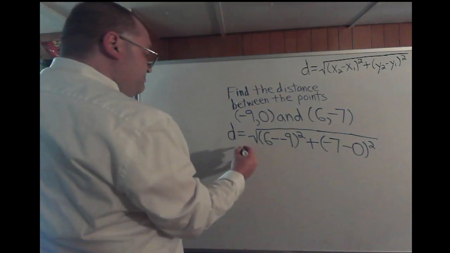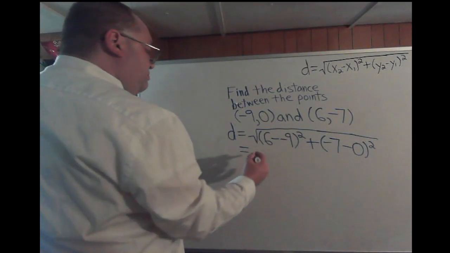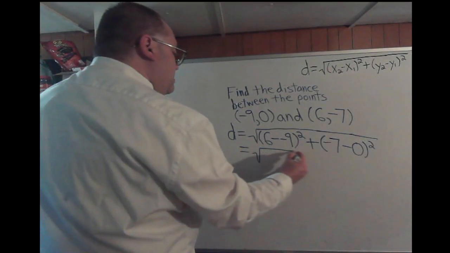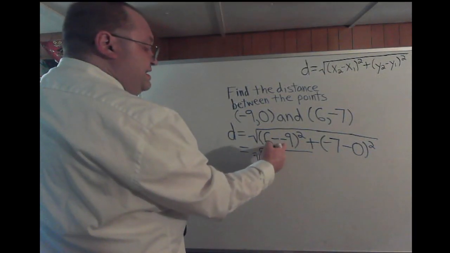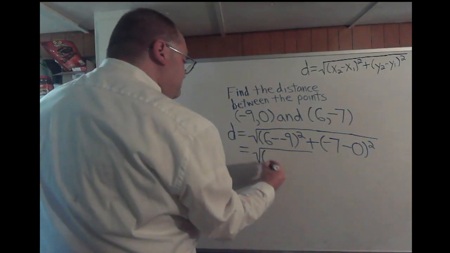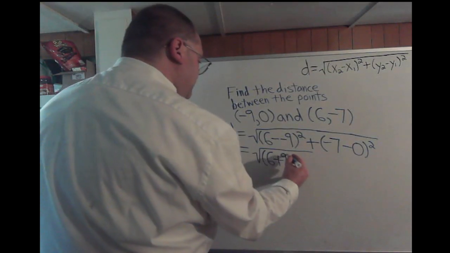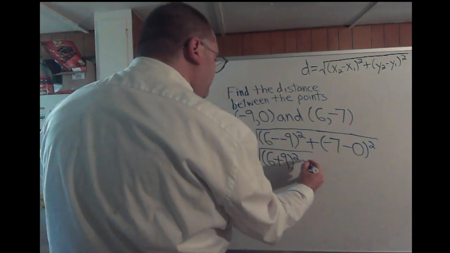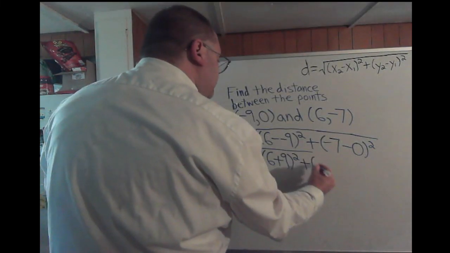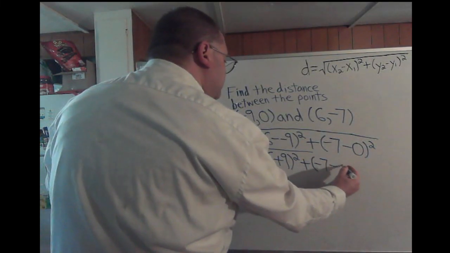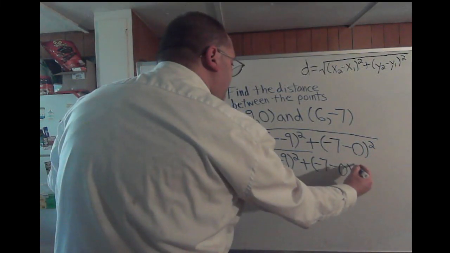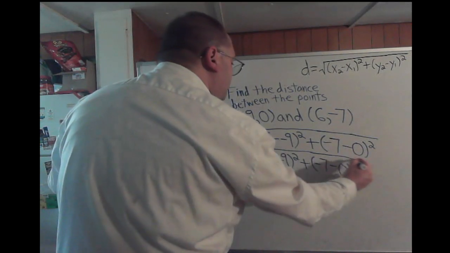Okay? Now we're going to simplify this here. That's 6 minus negative 9. That becomes 6 plus 9. So we'd have 6 plus 9 squared. Plus we still have the negative 7 minus 0 to the second power, all underneath the square root symbol here.